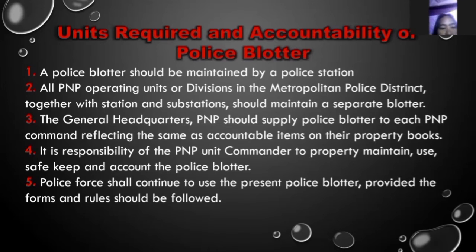Number 2, all PNP operating units or divisions in the Metropolitan Police District, together with the station and substation, should maintain a separate blotter. Bawat unit, may sariling blotter.